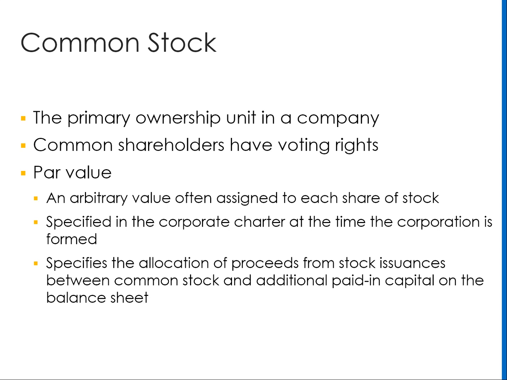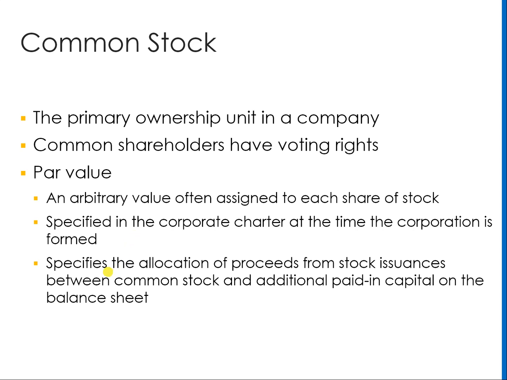Now let's talk about contributed capital, common stock. This is the primary ownership, and common shareholders own common stock. Or the other way, if you purchase common stock, you become a common shareholder. Typically, common shareholders have voting rights. When we issue common stock, we have a par value. Par value is an arbitrary value assigned to each share of stock.